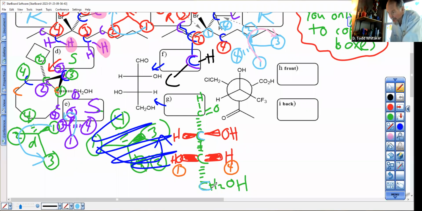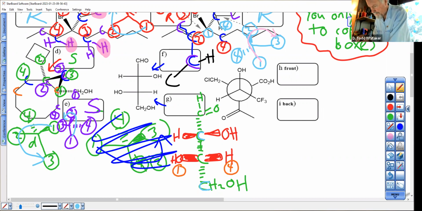There's a tie with the oxygen. Go back to the blue C, the baby blue C. After you've got a tie to oxygen here and here, what's the next heaviest atom attached to this C? This C. What's the next heaviest atom attached to this C? You've already done the oxygen, you can't do it again. And H. C beats H.